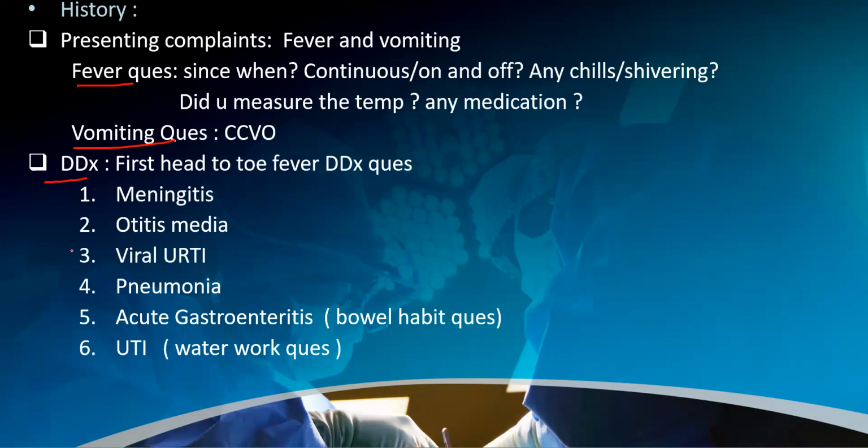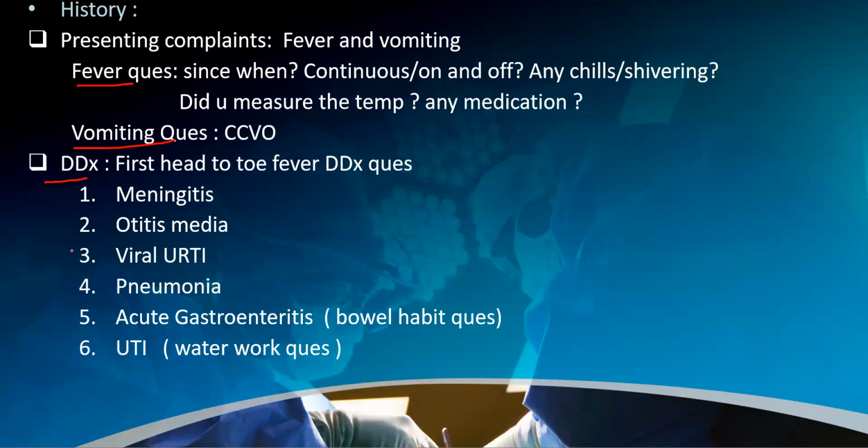Keep it in your mind that anytime you get fever in your questions, we always ask head-to-toe infection-related source questions. Starting with the head, it can be meningitis. It can be a viral upper respiratory tract infection, with a runny nose, sore throat, or sneezing.